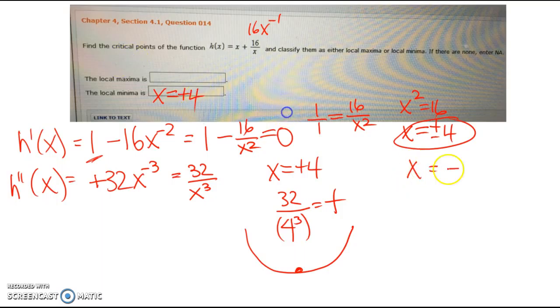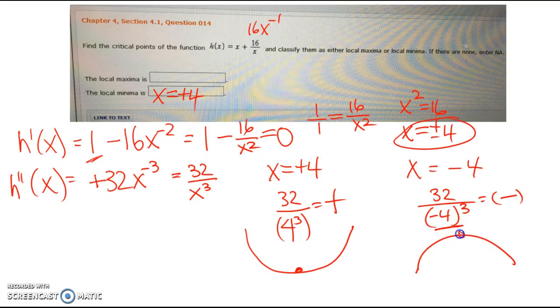At x equals negative 4, if I plug this in, notice if I take negative 4 to the third, that's still negative, so this will be negative. That means concave down, so the critical point there is a maximum. So that should be our answer.